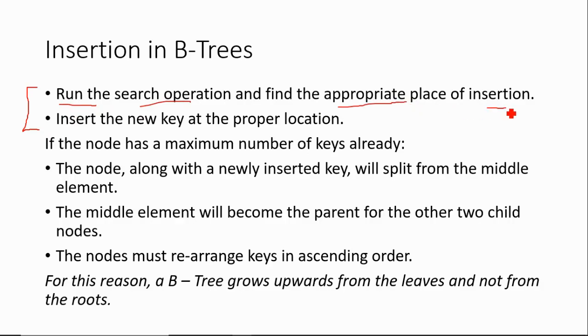So we compare the inserted element with the present elements, and if we find the proper place, then we insert the new key at the proper location. It may be beside some node or in between those, or it may happen somewhere in a leaf also.